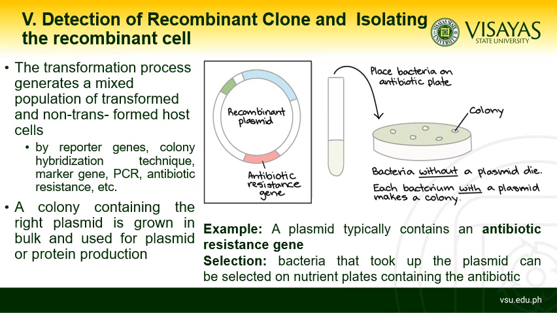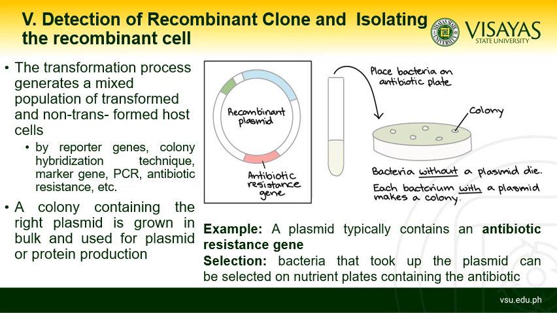So we have here an example of the selection process of recombinant and non-recombinant cells. Remember that plasmids used in cloning should have a selectable marker with an antibiotic resistance gene, and this will facilitate the screening of the recombinant organism. A plasmid typically contains antibiotic resistance genes.